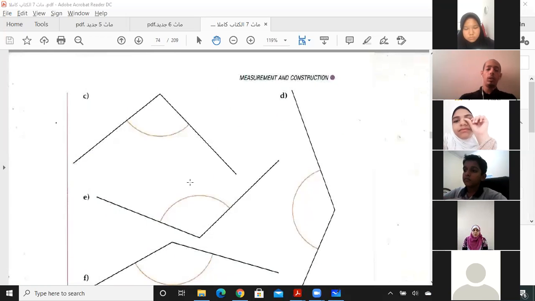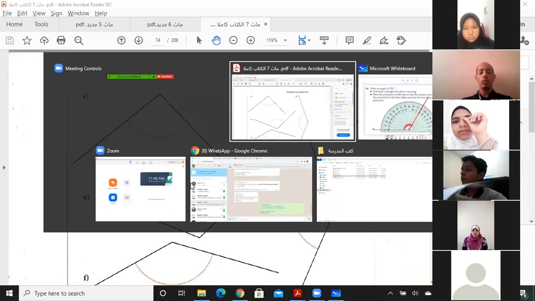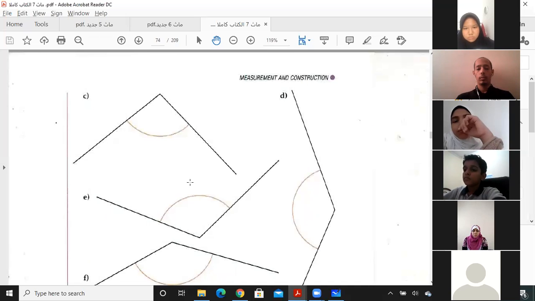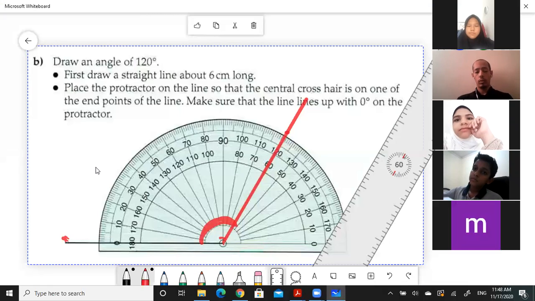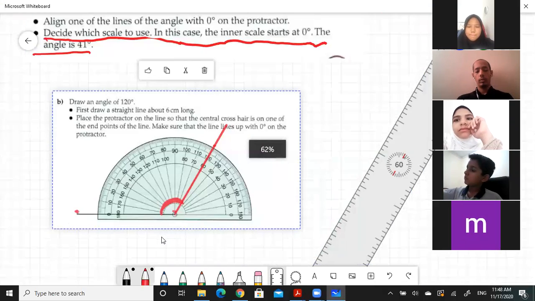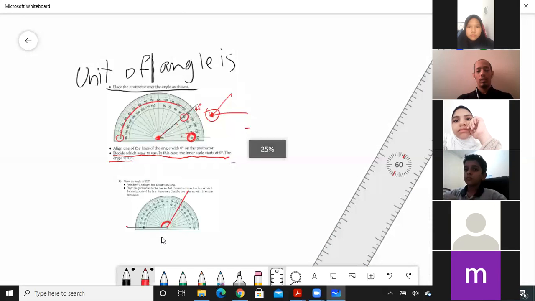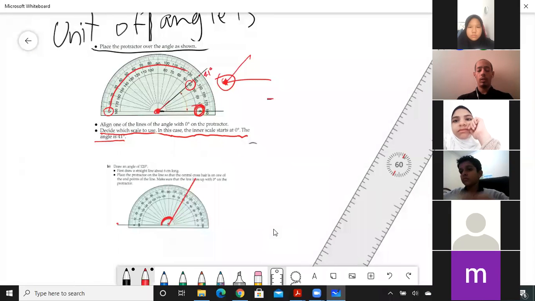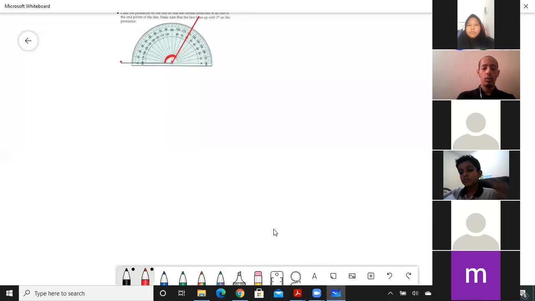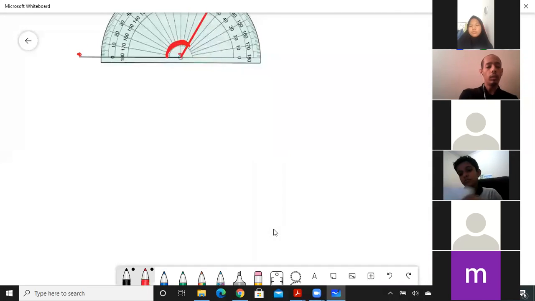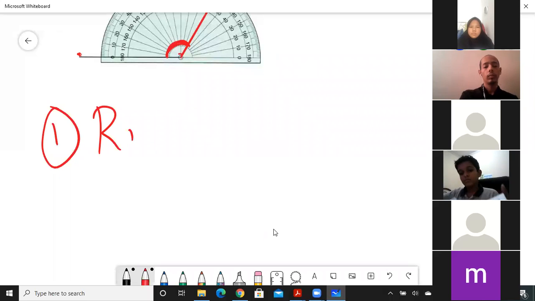Do you remember what the types of angles are? We have 4 types of angles. The first one is called a right angle.